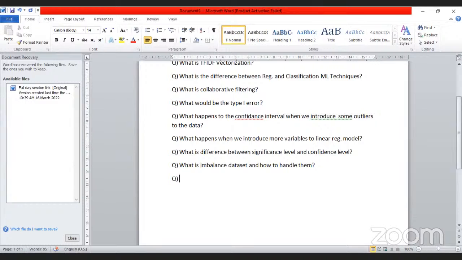In logistic regression, if you want to know the best features in your data set, what would you do? I'll write down the question: how to select the best feature in logistic regression.